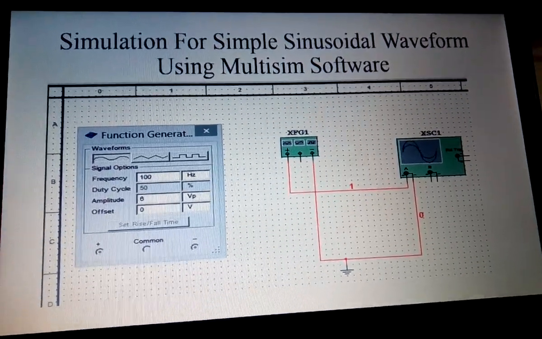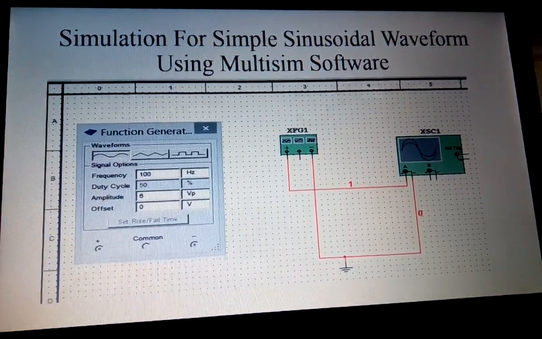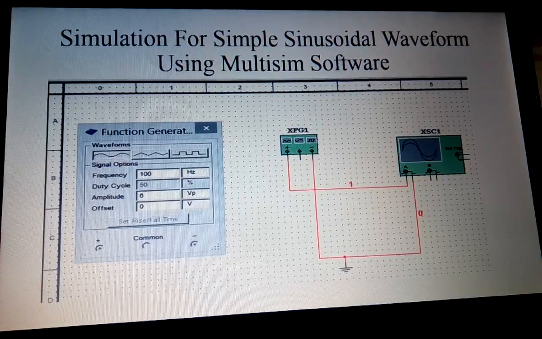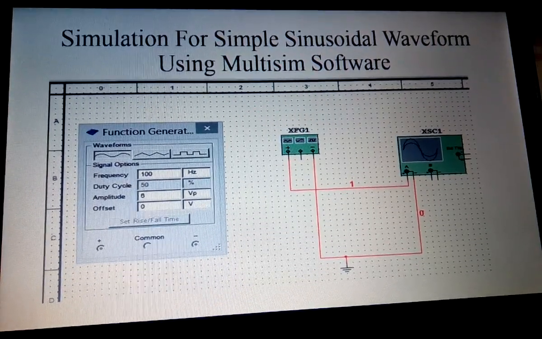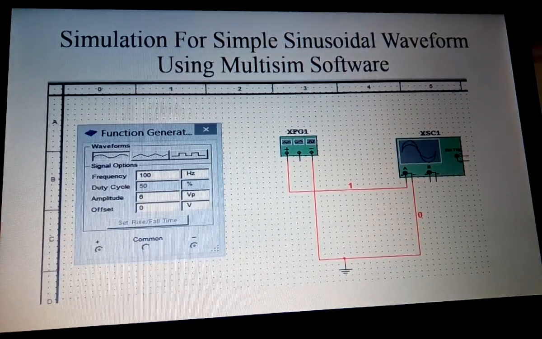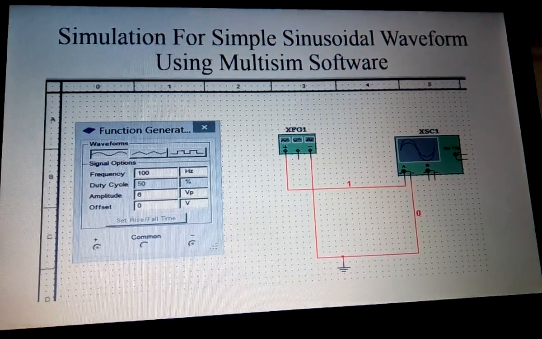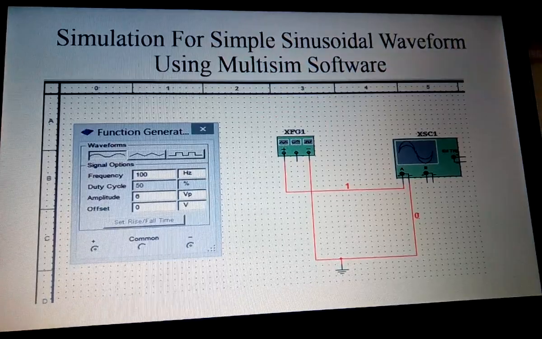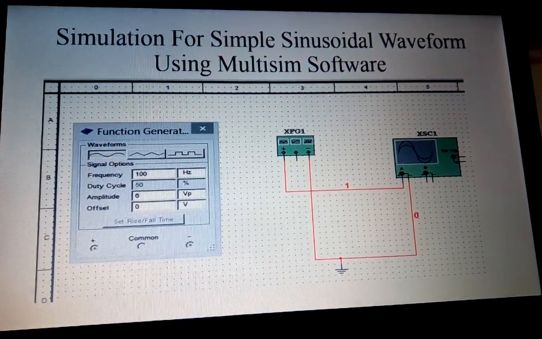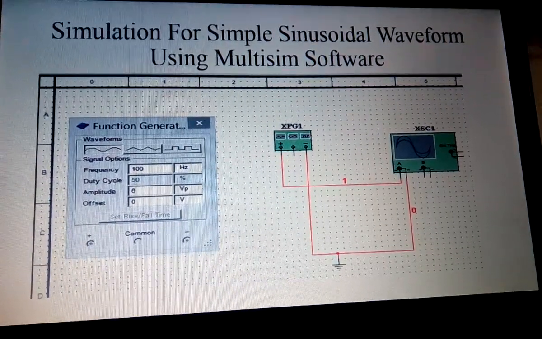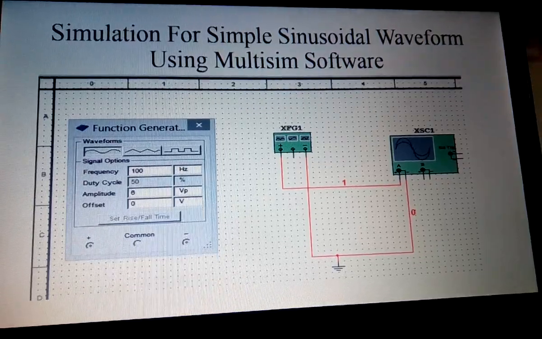So, for defining the above parameters practically, I have done a simulation in Multisim software. You can try this simulation in any software you are comfortable with. Here, there are two blocks you can see, XFG1, which is a function generator, and XSC1, which is an oscilloscope.